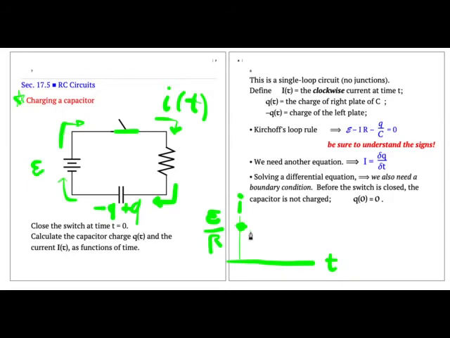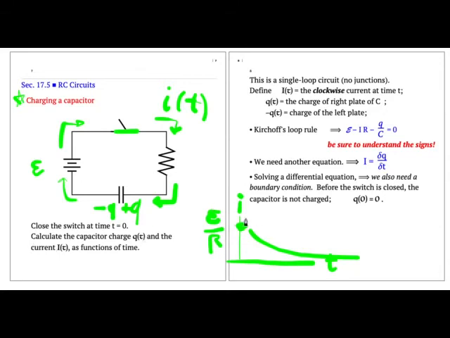And so the current will then go to 0 as a function of time. That will turn out to be an example of exponential decay. We'll come back to that in a minute.